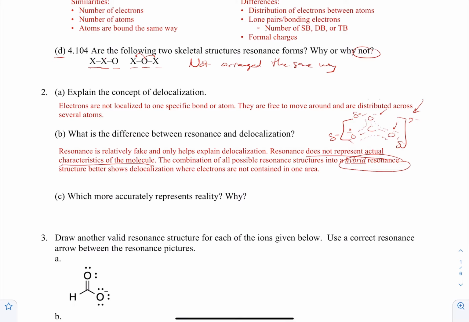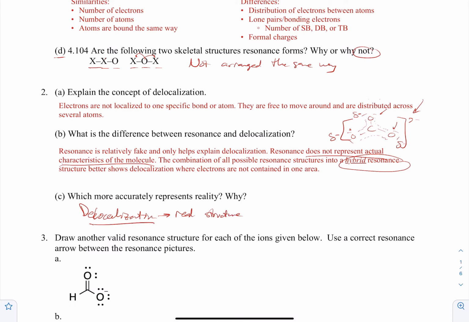Well, delocalization. Remember that delocalization increases the stability of those ions, and this is actually what the real structure of those ions will look like, okay? So delocalization is more accurate of reality.